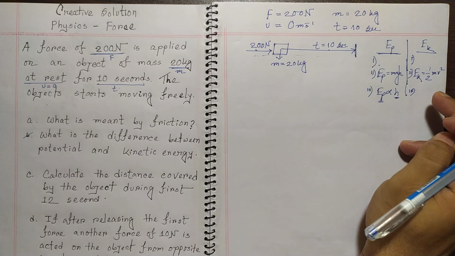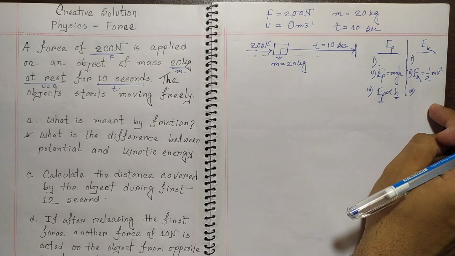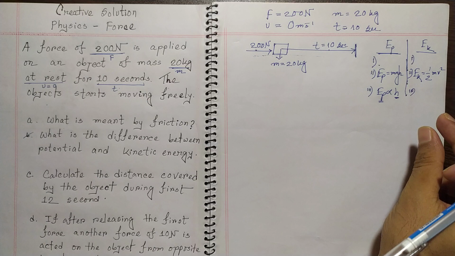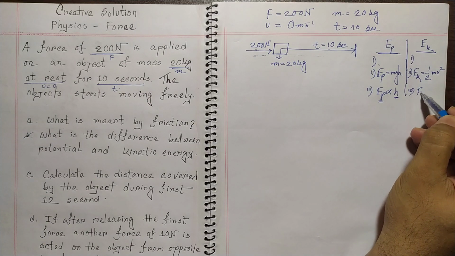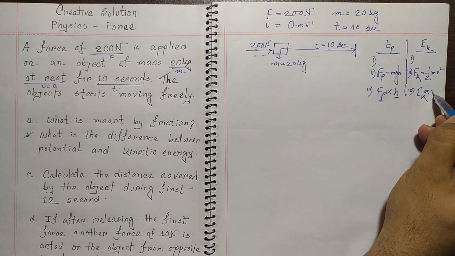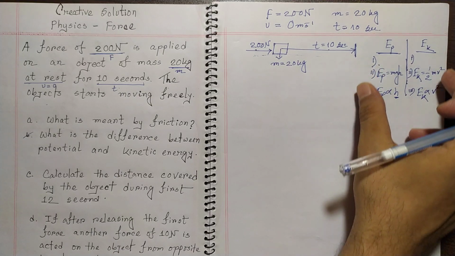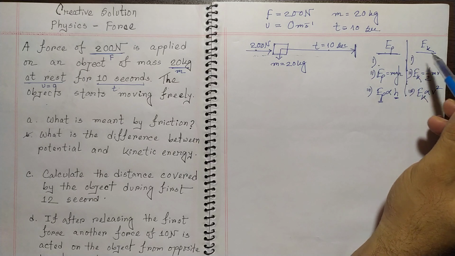And if the mass of an object remains constant, the kinetic energy of that object is directly proportional to the square of the velocity. So EK is proportional to v square.